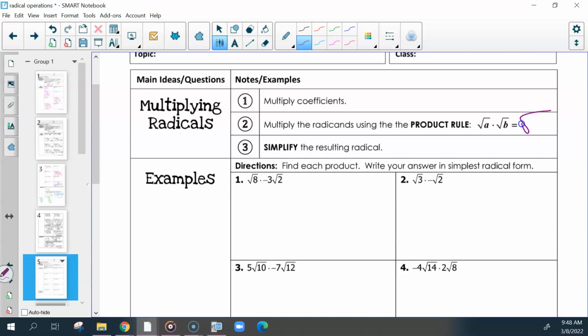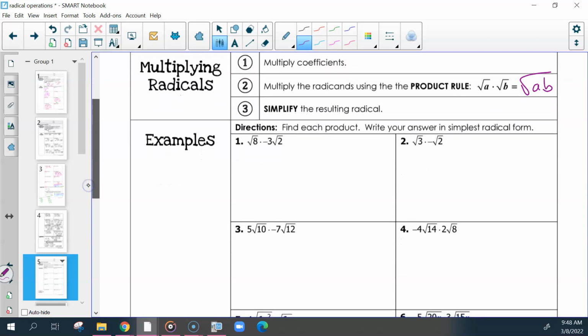We're using this product rule. That's why anytime we are multiplying or simplifying, when we have things underneath the square roots, we can combine them all, put them all underneath the same square root or cube root. We may or may not need to simplify the radical at the end.